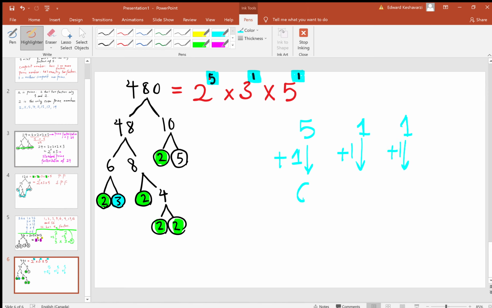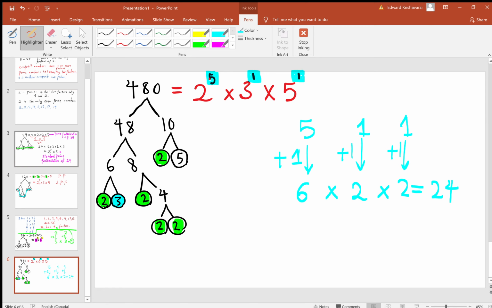So it becomes 6, and then 2, and then 2, and then we multiply them. So 6 times 2, 12 times 2, 24. Therefore, 480 has 24 factors.